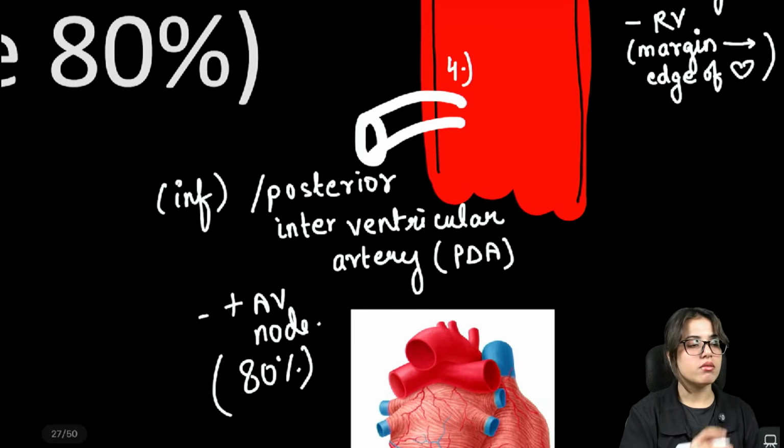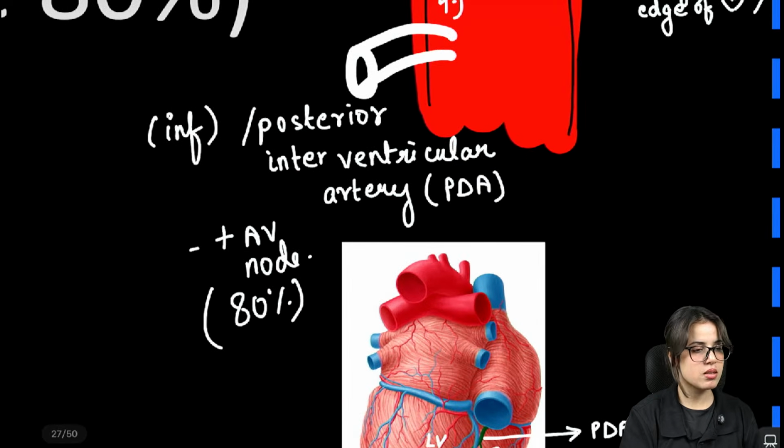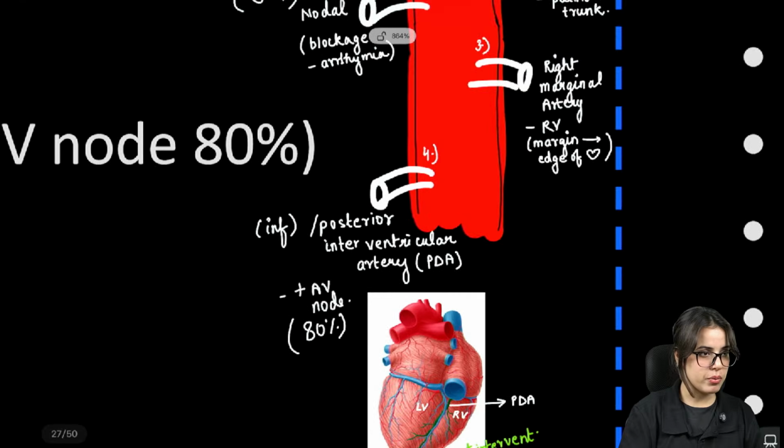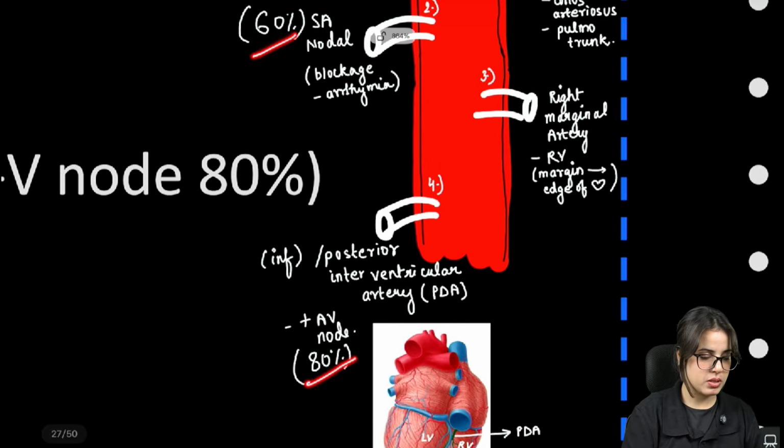And then we have the most asked artery, very clinically significant as well as an anatomically important landmark. Posterior interventricular artery, aka PDA. This is the one that also provides to the AV node in 80% of the people. How will you remember that this is 60% and this is 80%? Simply by S60, A80. That's how you remember.